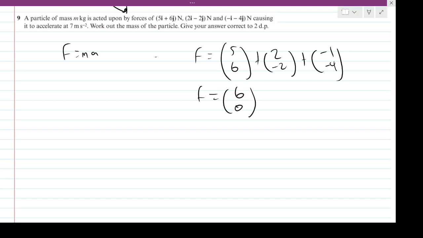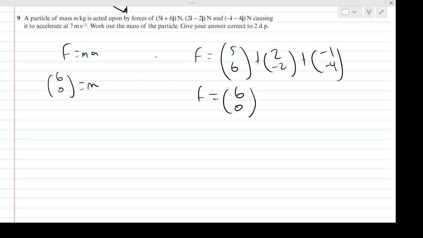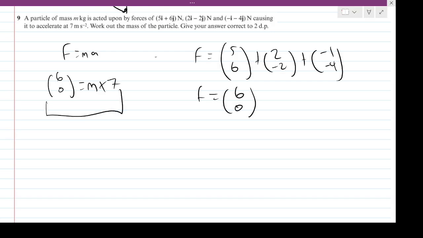Right? Okay, and so if I substitute my answer in, well, (6, 0) is going to be equal to m lots of 7. Now that's really weird. Again, acceleration is not a vector but a number. So this makes no sense, this statement. It's saying a vector equals a number. That is nonsensical.